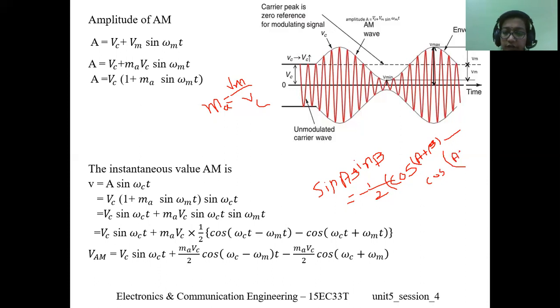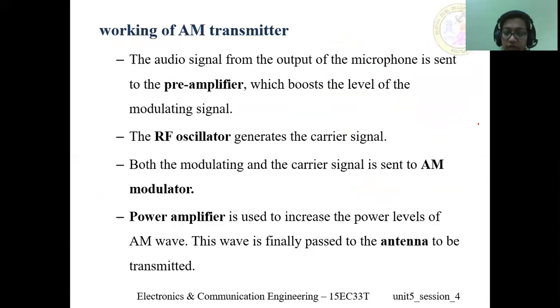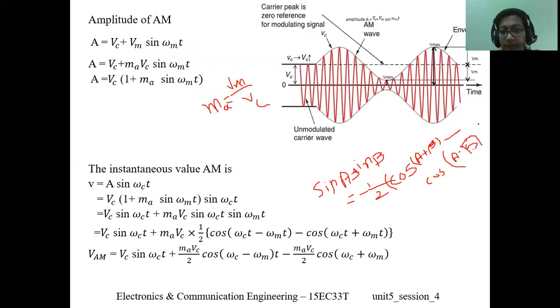So if we write, we are substituting here the A and B, we are taking it as ωct and ωmt. So this is the formula. Here we have written cos, and this is half only that we have taken here.